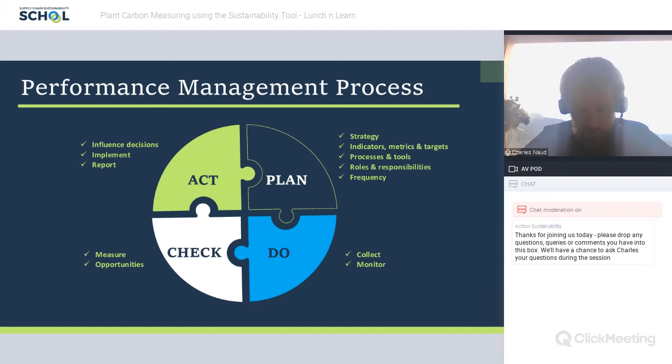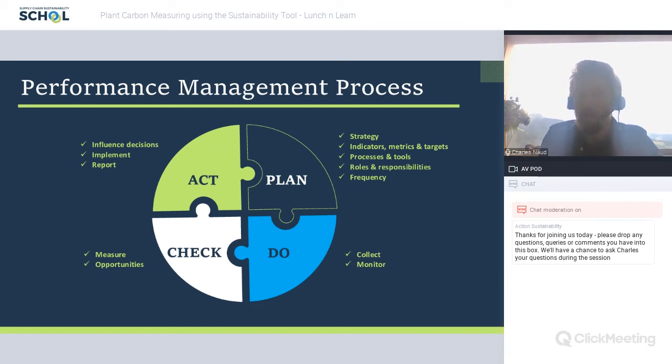Then you can go to the check, which is really just measuring your data and calculating from the metrics data that you've collected, calculating your indicators, your KPIs, and how you're performing against those. Obviously, in relation to targets that you would have set in the planning phase. And there's an opportunity to analyze the performance, to measure the value that you've provided through this exercise, and to identify areas where you can take action.